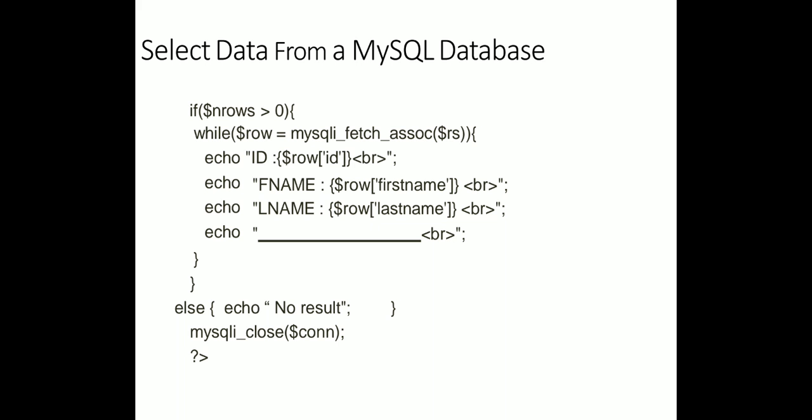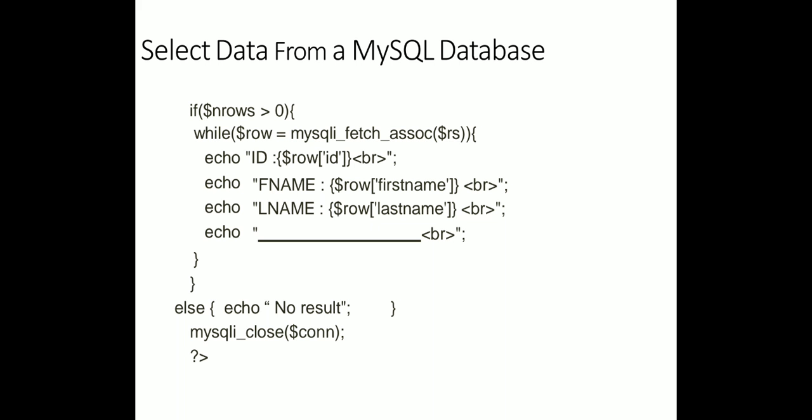Generally PHP provides the mysql_select_db method to select any database. Here again we have used the same kind of method, but as we have seen, we are using the improved version of MySQL.